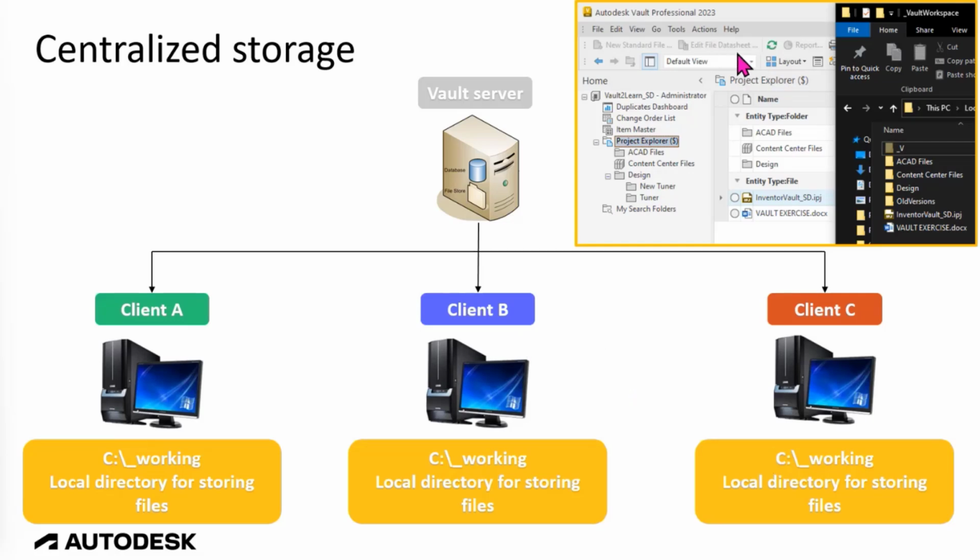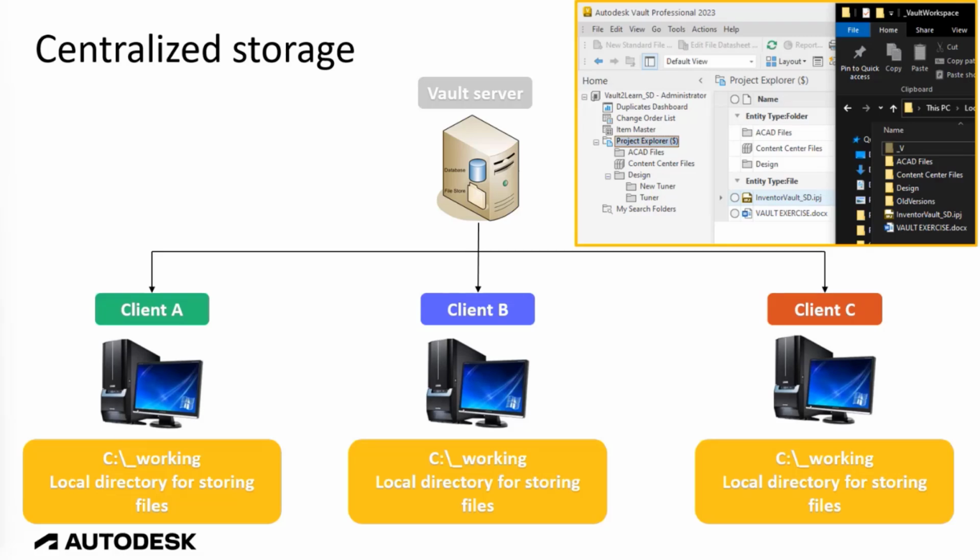So basically, how is the file hierarchy, how is the file structure? Vault has what we call the working folder. In this case, I use as example C, and underscore working as our local working folder. It will not save a file to this location every time, only when we choose to work offline or want to keep a local copy. This is where the file will be stored.